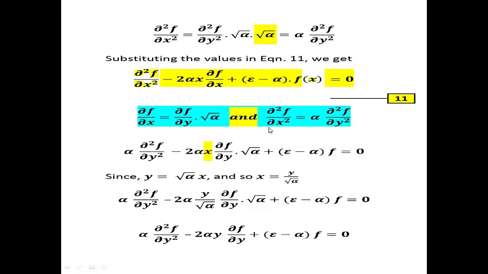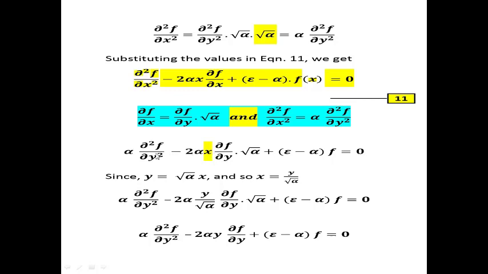While substituting these two terms into the general equation, equation number 11, if I replace dou squared f by dou x squared with alpha times dou squared f by dou y squared, I write it like this, minus 2 alpha x as it is, and if I replace dou f by dou x with root of alpha times dou f by dou y, I write this term, and then plus epsilon minus alpha times f, which is equal to 0.